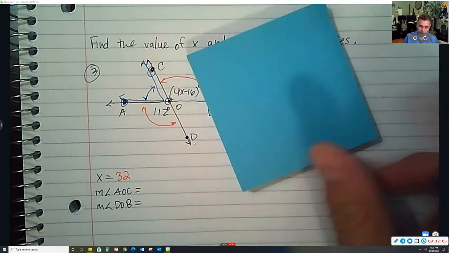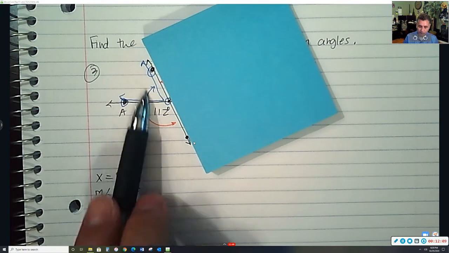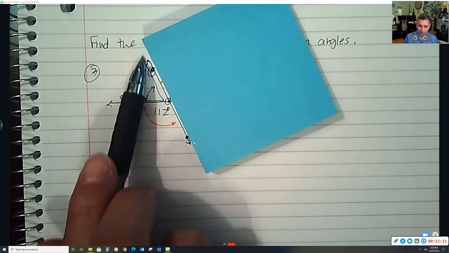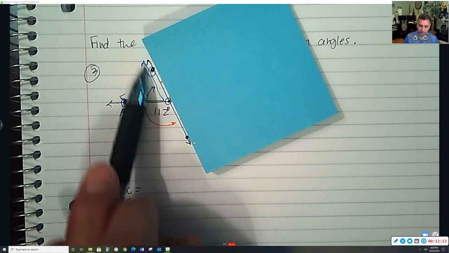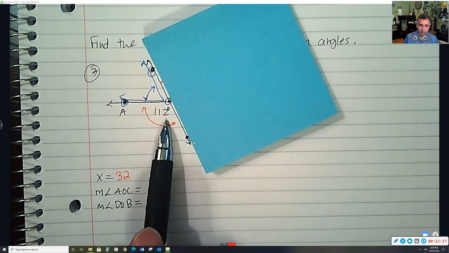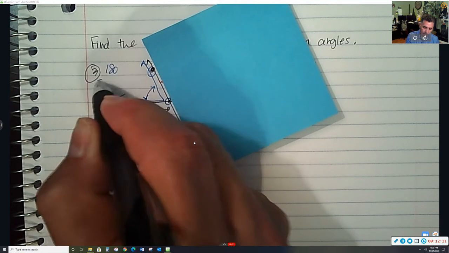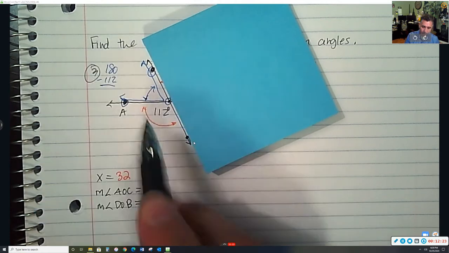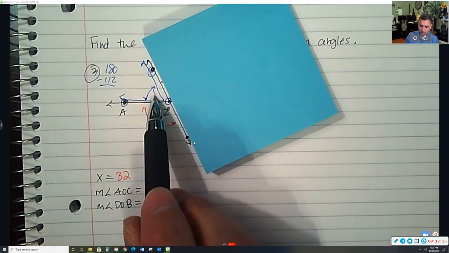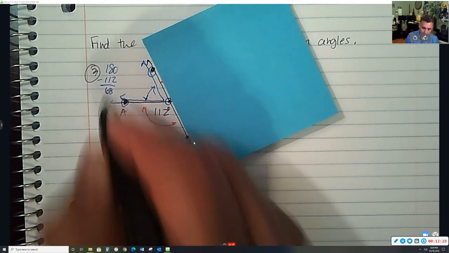Let me cover this side up. Sometimes it's helpful to cover stuff up. I know these two angles make a linear pair. See how it makes one line? So these two together must equal 180. So I can do this: 180 minus 112 will give me this measure. And when you subtract those, I believe it's 68.